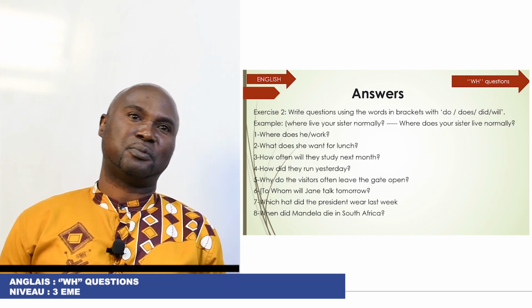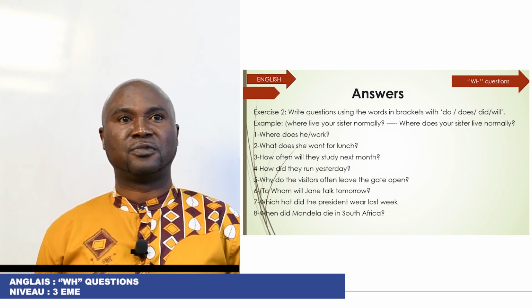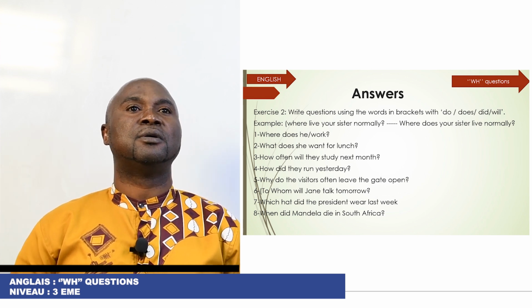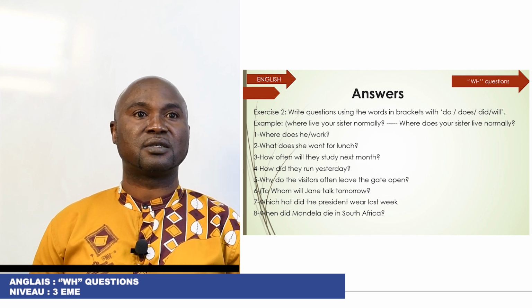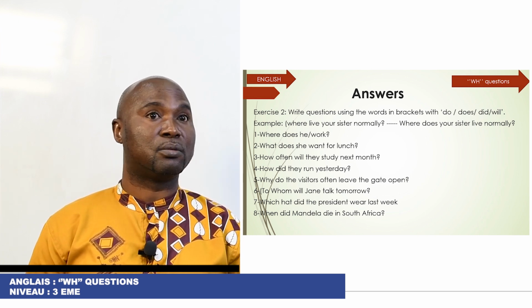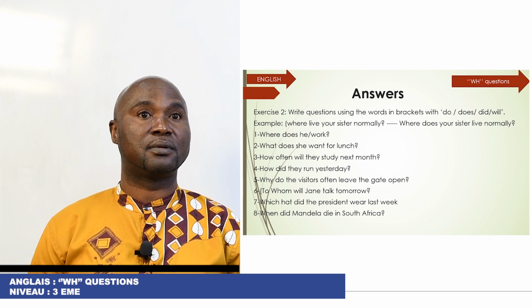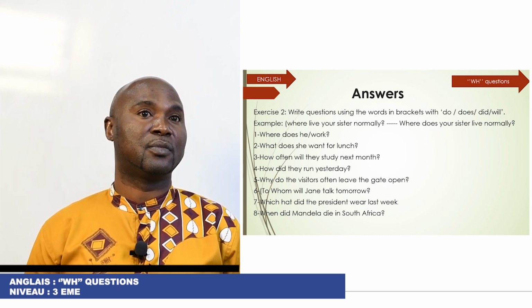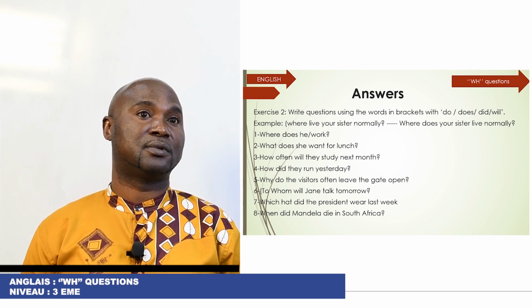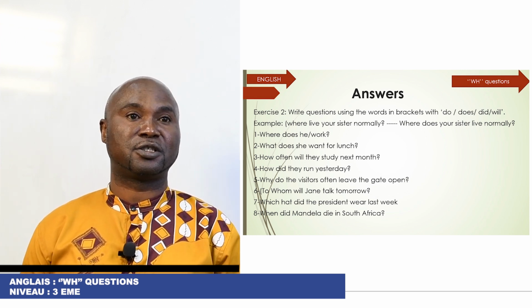Here we have some possible answers to that exercise. Write questions using the words in brackets with do, does, did, will. Where does your sister live normally? Where does he work? What does she want for lunch?